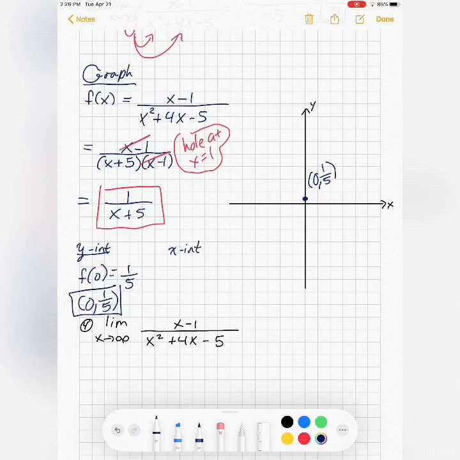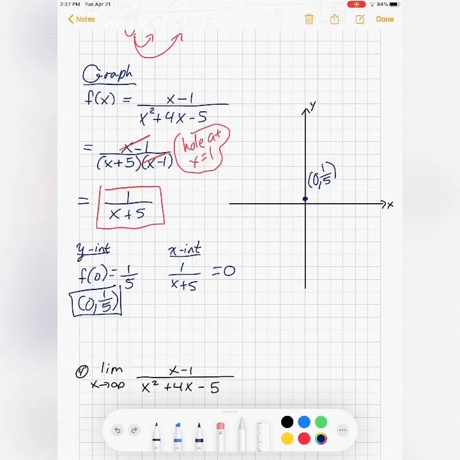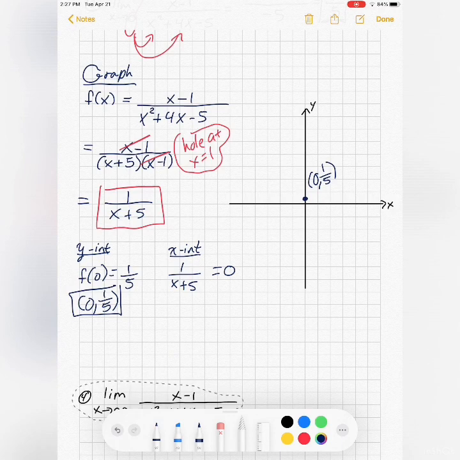Maybe x-intercepts, if I set that function equal to 0. Okay, if I set this equal to 0 and I clear the fraction, I get 1 is equal to 0. Not true, there are none.